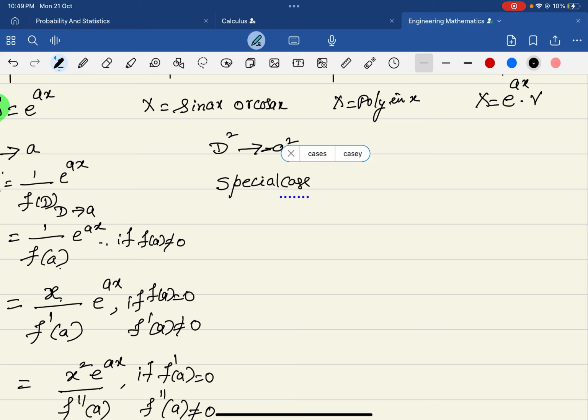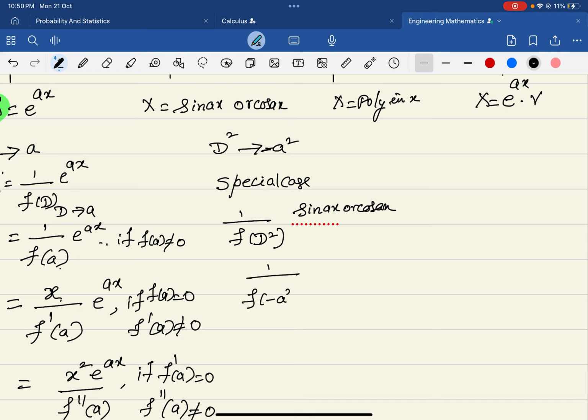The special case is 1 over f of D, meaning we write a function of D square, of sine ax or cosine ax. Then we write it as 1 over f of minus a square times sine ax or cosine ax.